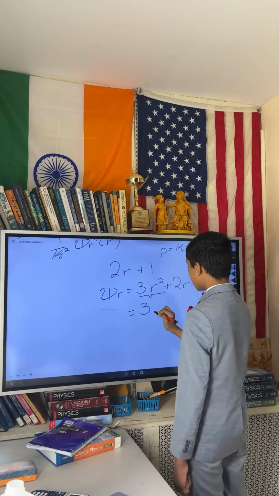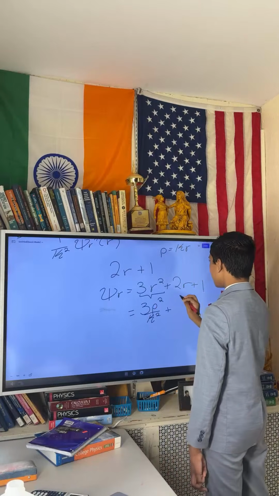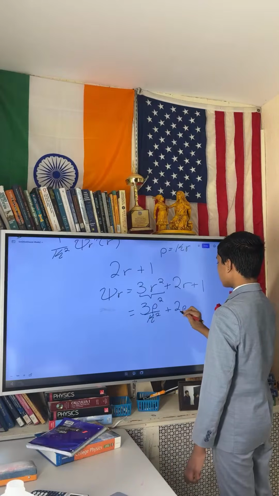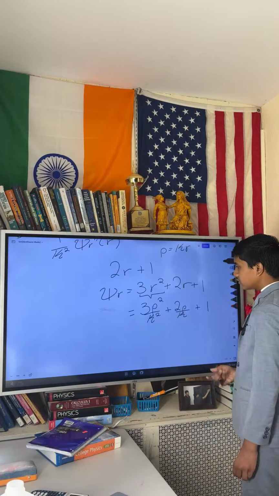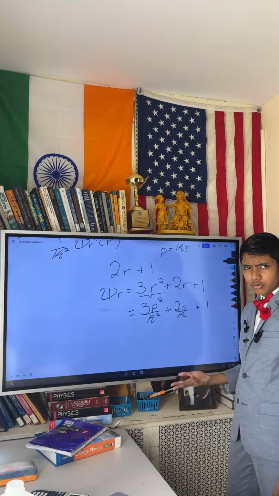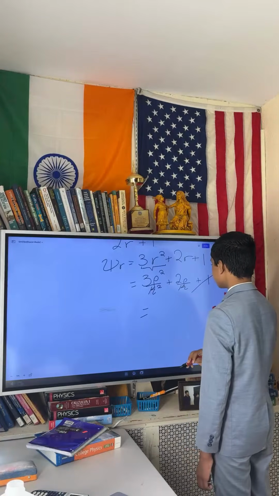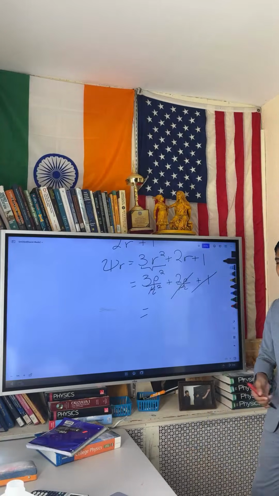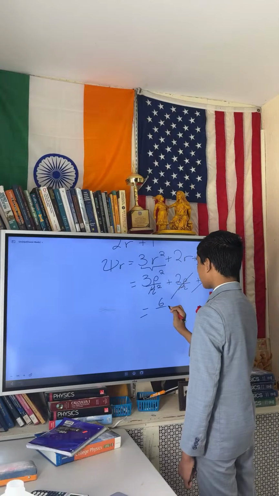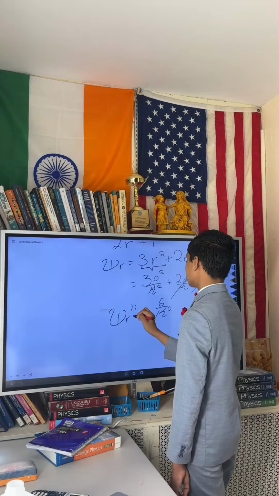So this is going to become 3 rho squared over kappa squared plus 2 rho over kappa plus 1. Then you take the derivative with respect to rho twice. This term is going to disappear on the first derivative, this term on the second derivative. And so you get 6 over kappa squared when you take two derivatives.